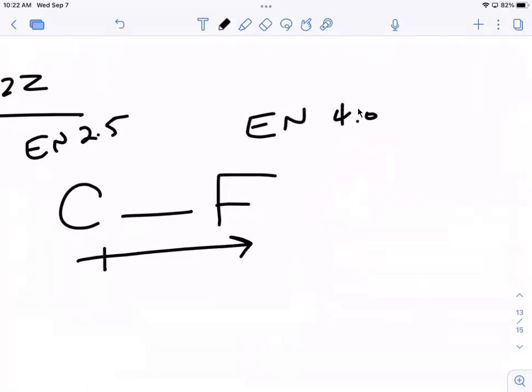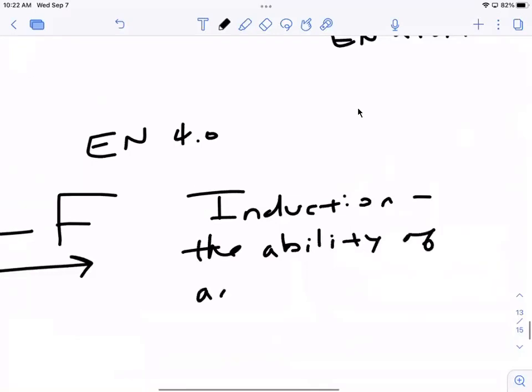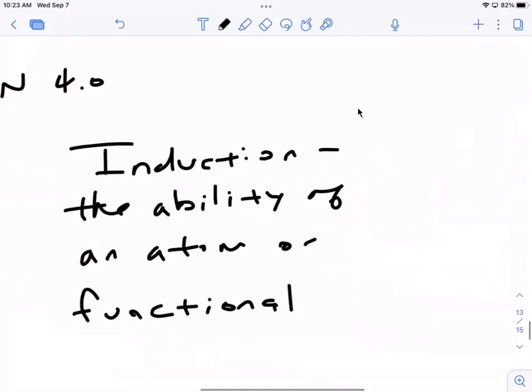That ability is called induction. It can be an atom or a functional group, which we're going to start talking about soon.